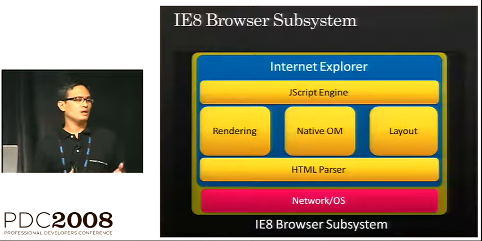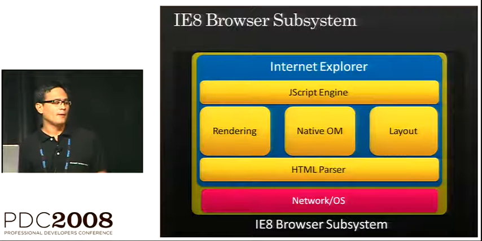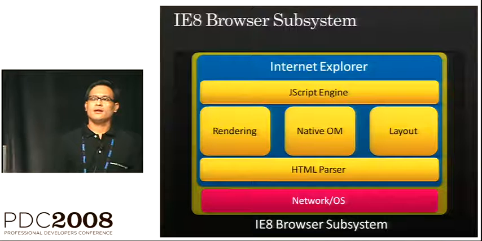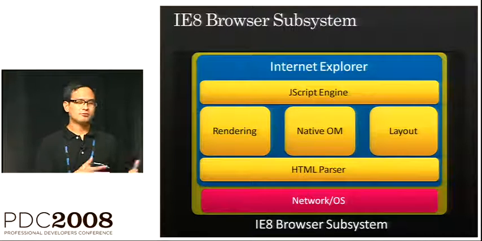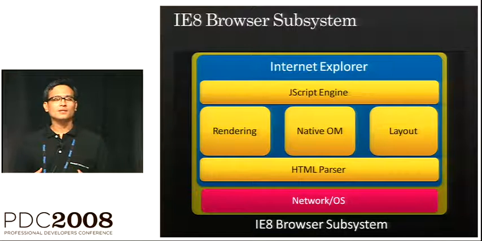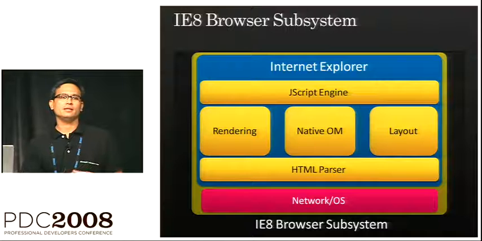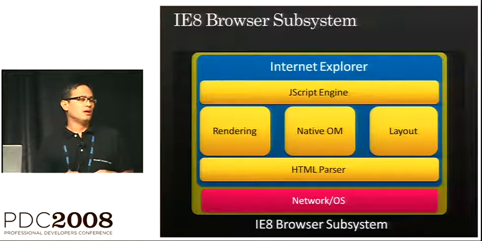So here you can see some of the major subsystems in Internet Explorer. When a user types a URL in the address bar, the data will be fetched from the web server to the client through the network. It will be parsed by the HTML parser, and it will create the native object model or the DOM, document object model.